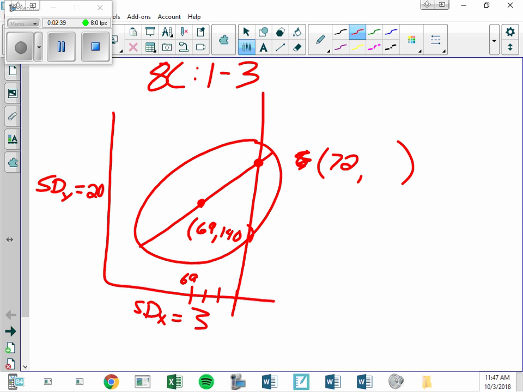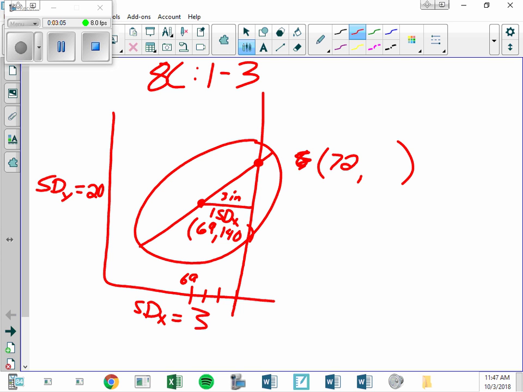The SDX difference and the SDY difference are the same. Okay? So how many SDs to the right do I need to go to get to 72? 1 SD. So this is a length of 3 inches, which is equivalent to 1 SDX.